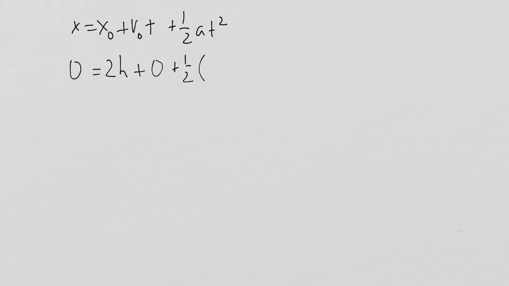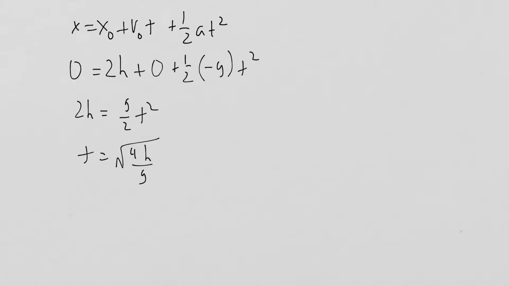So the acceleration is negative g, and we have t squared. Right? So if we rearrange doing some algebra, we're going to get 2h equals g over 2 t squared, which tells us that t equals the square root of 4h over g. Right? This is the time in air.